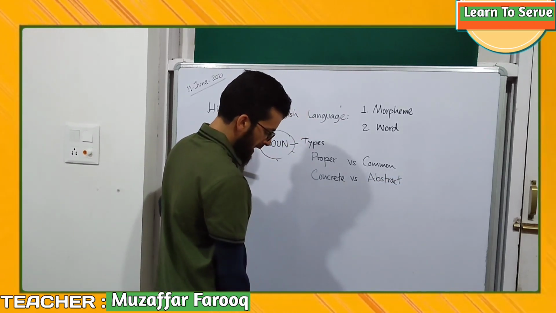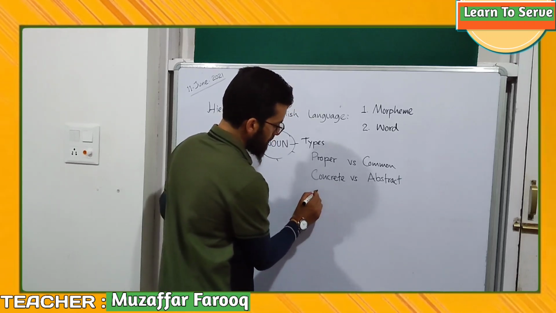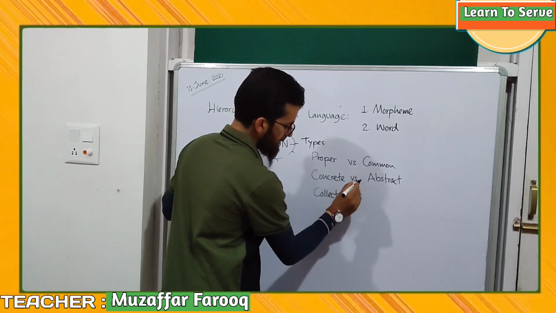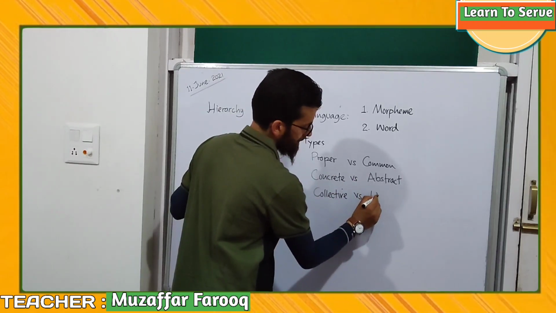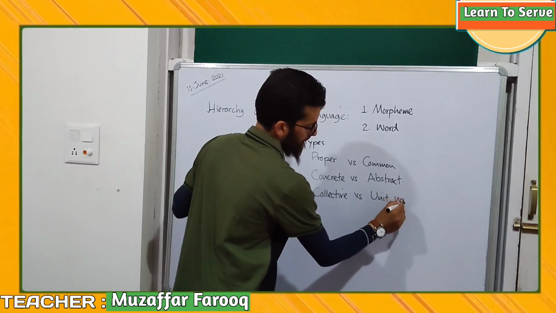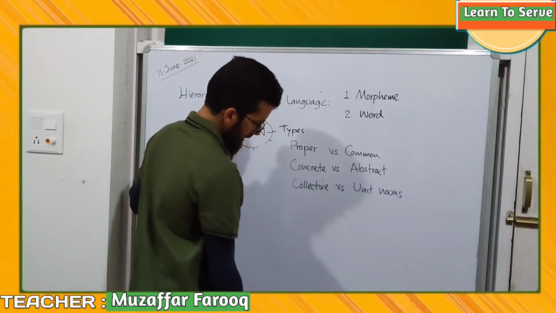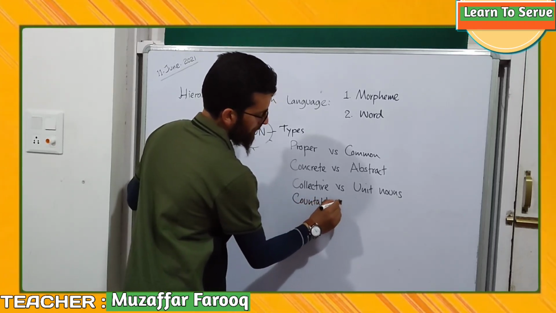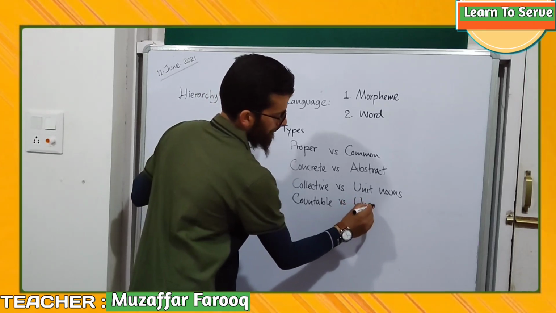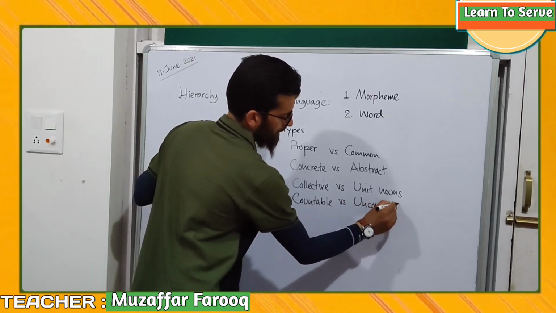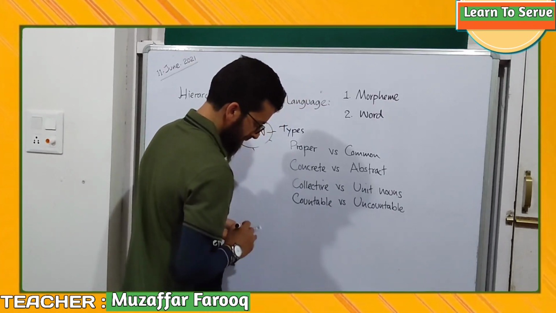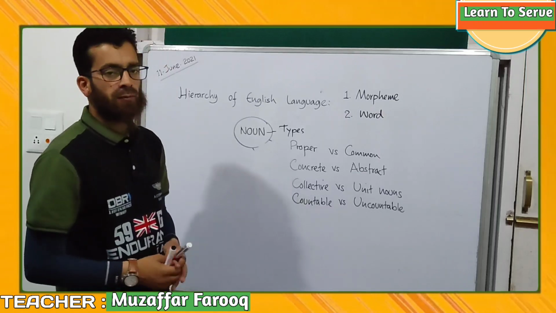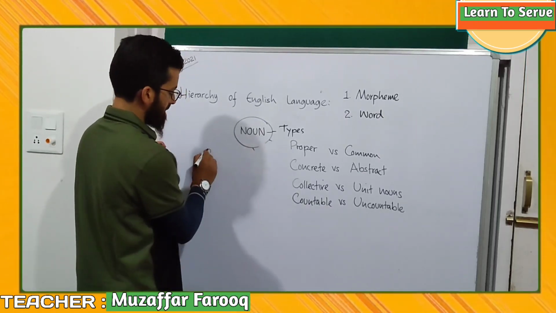Similarly, we have collective versus unit. Similarly, we have countable versus uncountable. And then as far as form is concerned, we have another category, we call them compound nouns.